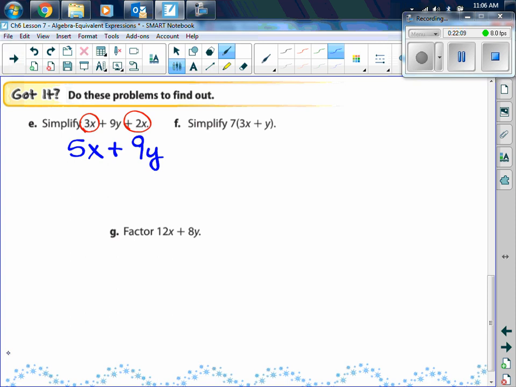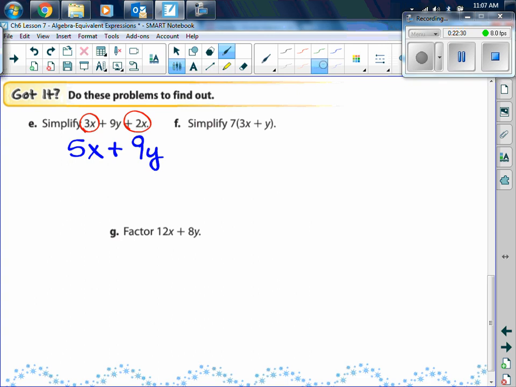What am I going to do with letter F? We are going to simplify because it says simplify. But how are we going to start it? There's parentheses. I want to get rid of the parentheses. What am I going to use? The distributive property. Very good.